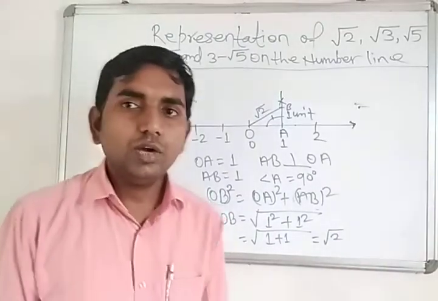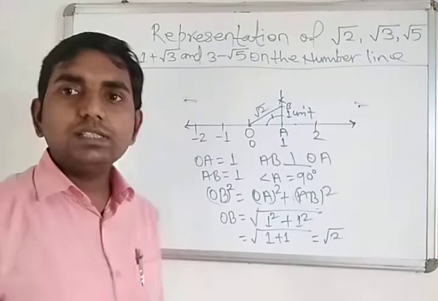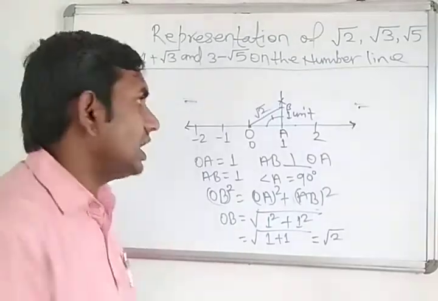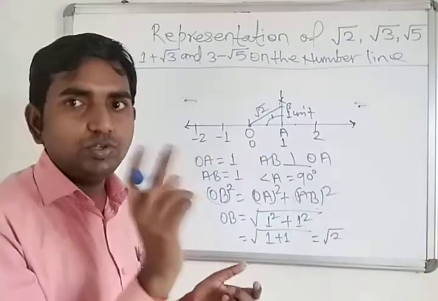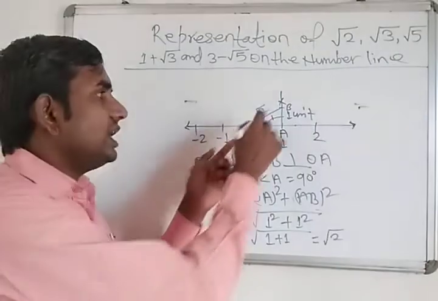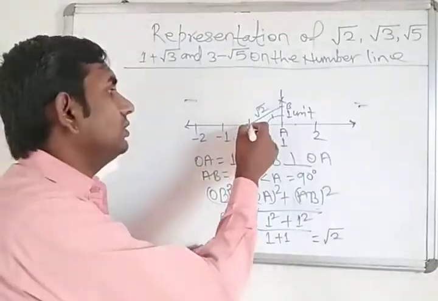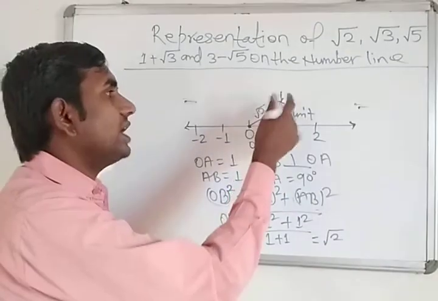Now we assume O as the center, and by use of the compass we take an arc equal to OB. Then we draw a circle from point O by taking an arc equal to OB.